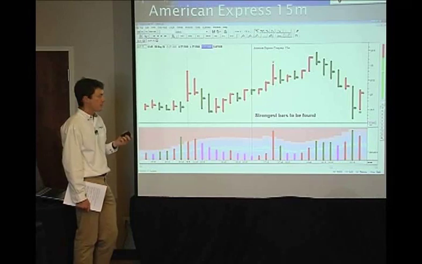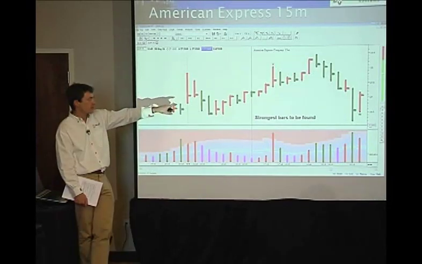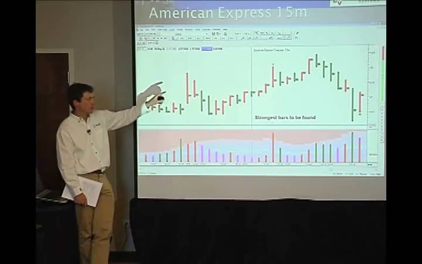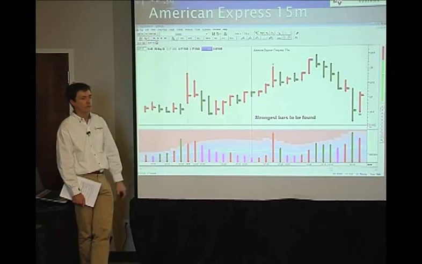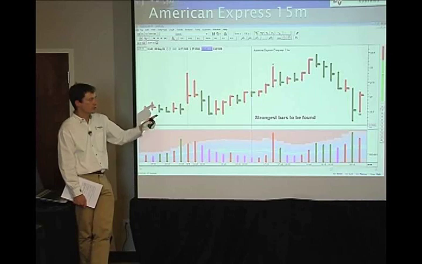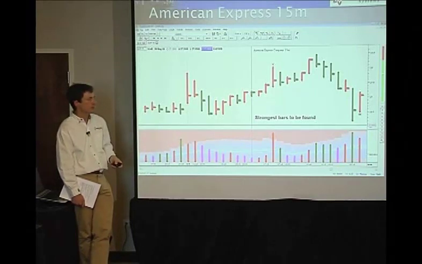But the thing is that if the trend is up, then you place more emphasis on the tests or the strong bars in a rising market, and you place less emphasis on the weak-looking bars in the uptrend, and they'll just keep you in. And then when the trend changes, you look for weak bars in a downtrend.